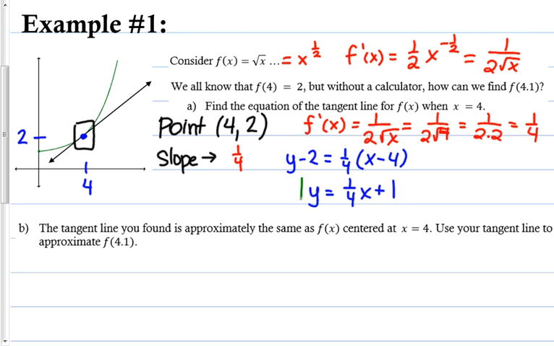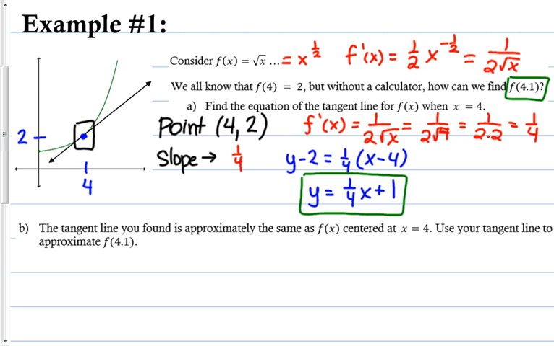Okay, so now this is how linearization works. You use the equation of the tangent, so basically a straight line, and I'm going to use that equation to approximate what the value of f of 4.1 is. So my A was just to find the tangent line. B says the tangent line you found is approximately the same as f of x centered at x equals 4.